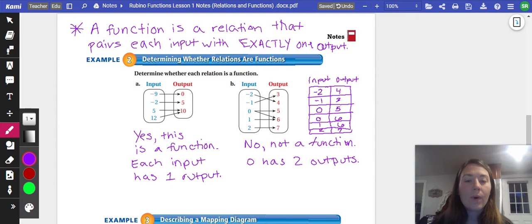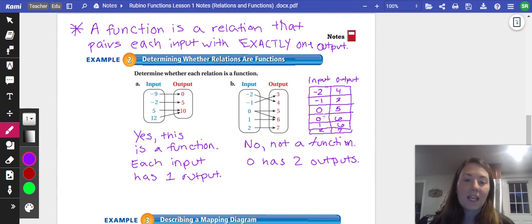Okay? And what we want to look for to determine if it is or is not a function when it's in a table format is a doubling up of the inputs, okay? So we already discovered that no, this is not a function. And what we want to notice here is this input of 0 is repeated in the table, okay?